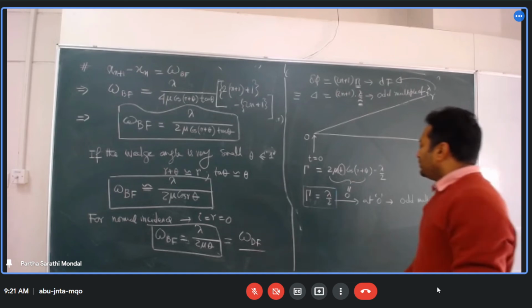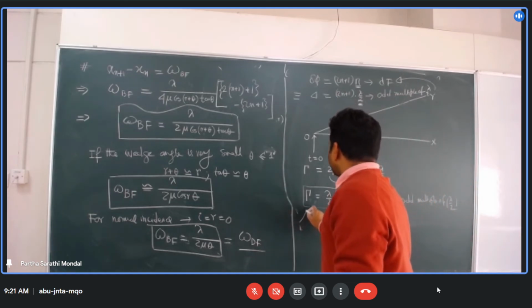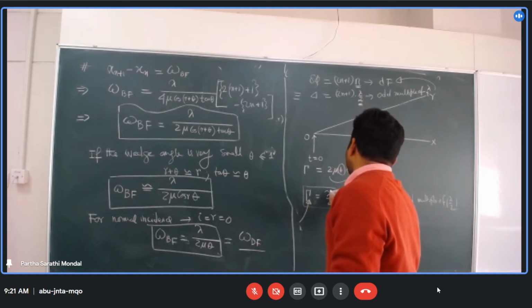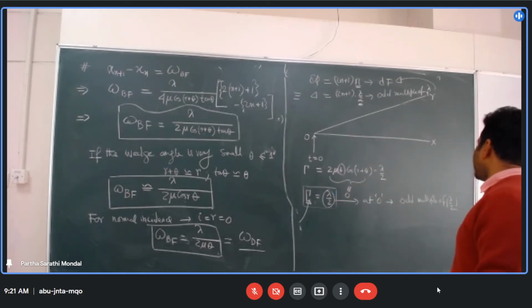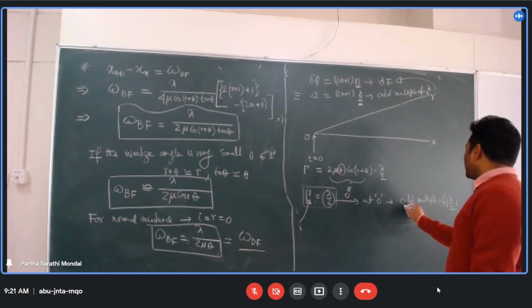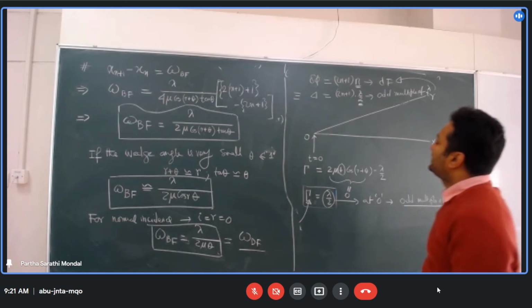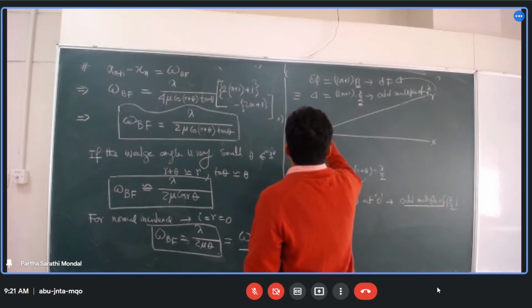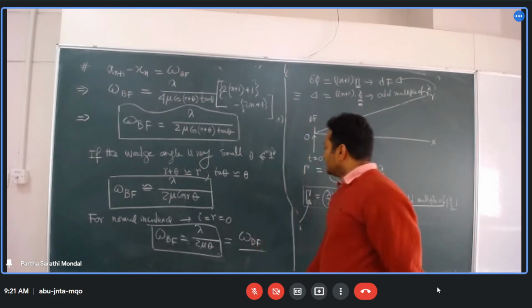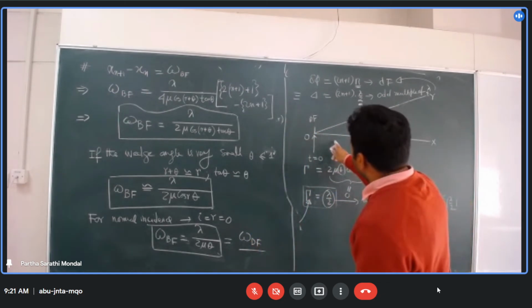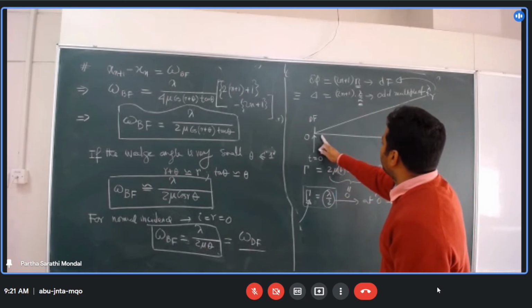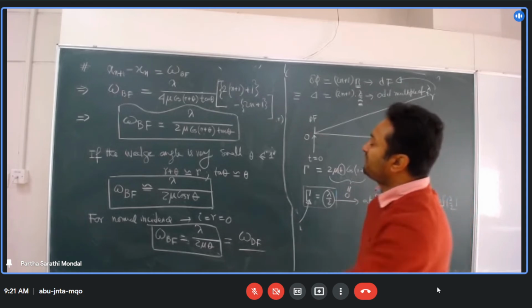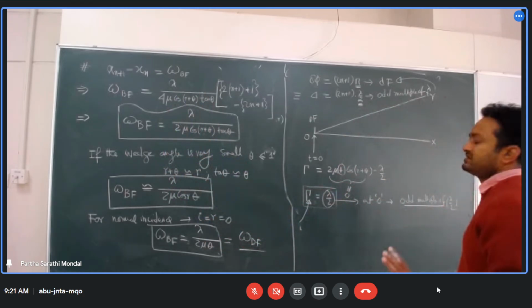So now we see that the total path difference is lambda by 2, means 1 into lambda by 2. 1 is an odd number. So that means you will get an odd multiple of lambda by 2. So here you will get a band of dark fringe first. Okay? So now if I move here, t will gradually increase and satisfy the first condition for bright fringe.